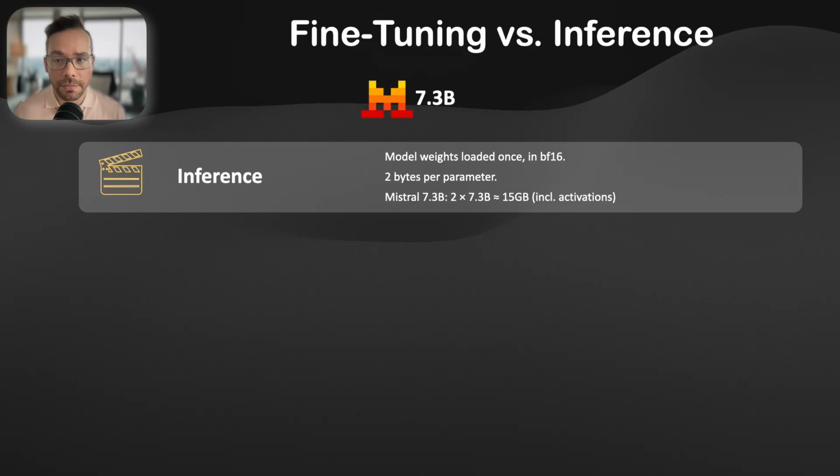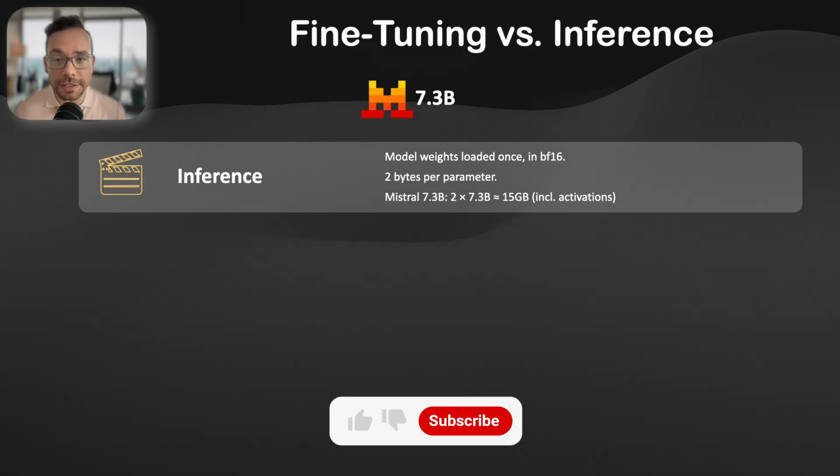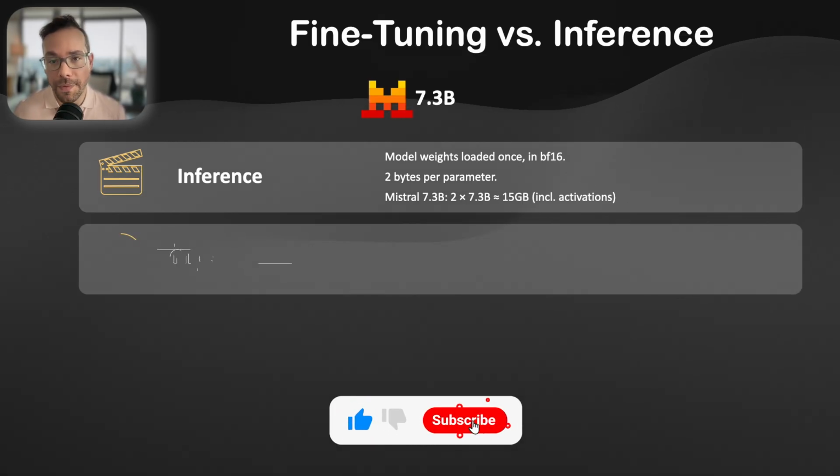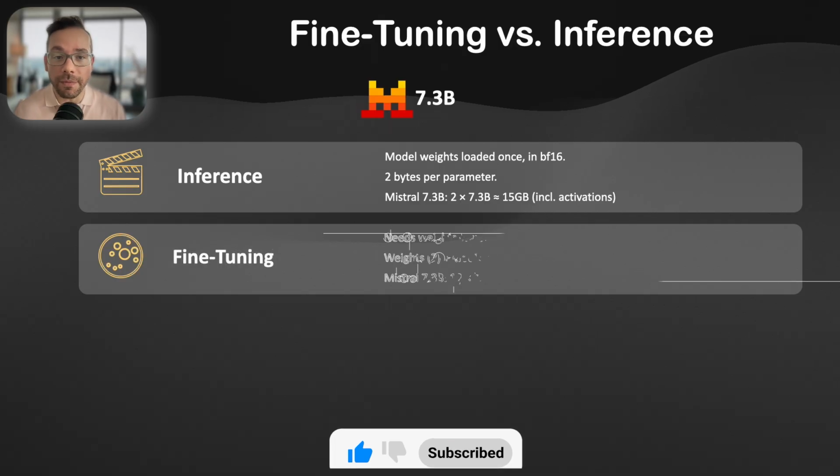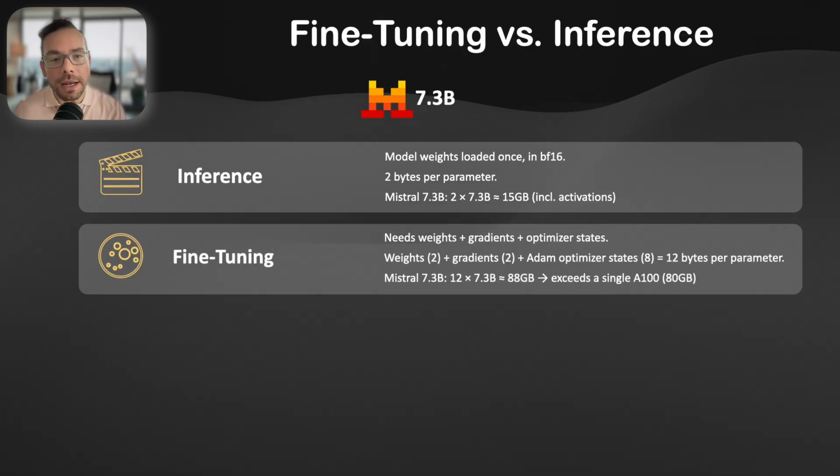Totally doable. But the moment you want to fine-tune it, things blow up. Now, you don't just need the weights, you also need the gradients and the optimizer states. Adam alone adds a whopping 8 bytes per parameter.